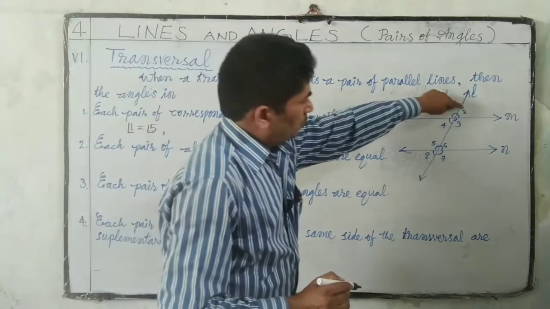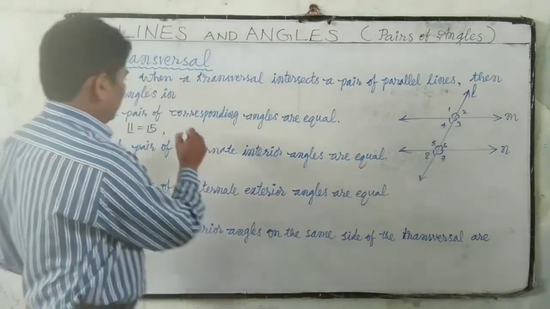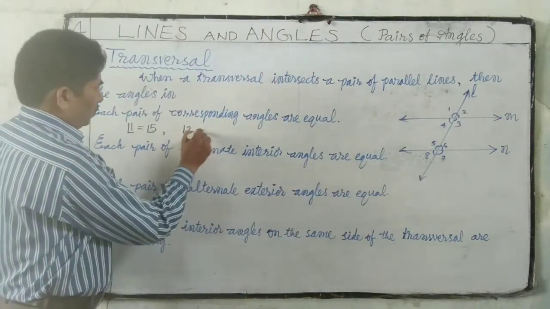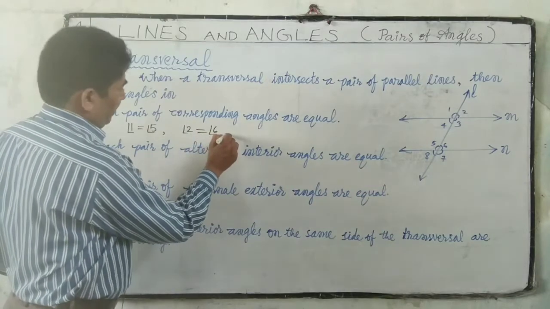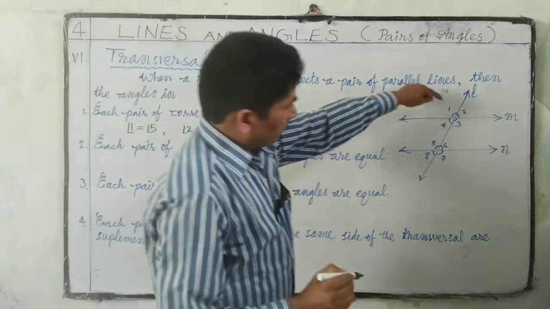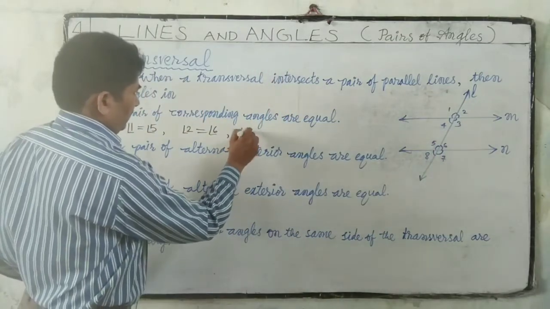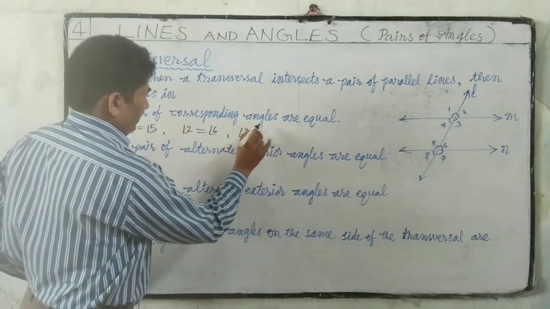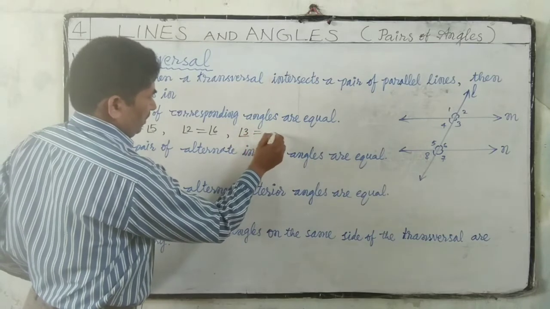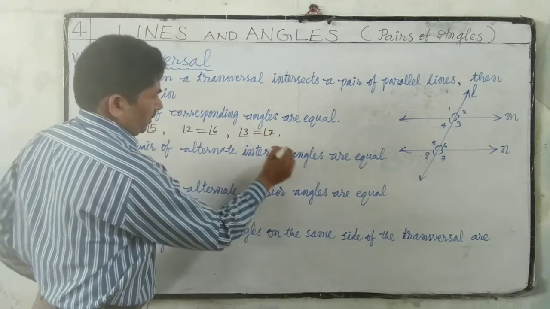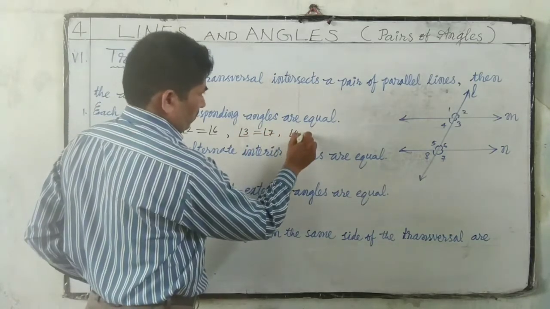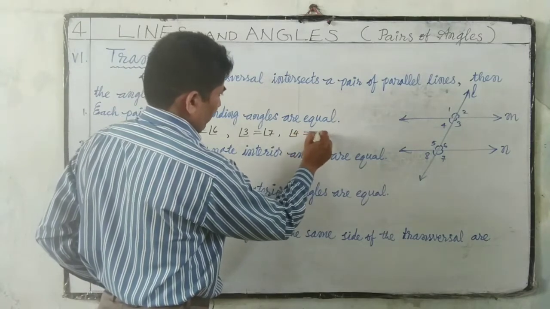Next 2, 6 are equal. 3, 7, 4, 8. Angle 3 is equal to angle 7. Angle 4 is equal to angle 8.